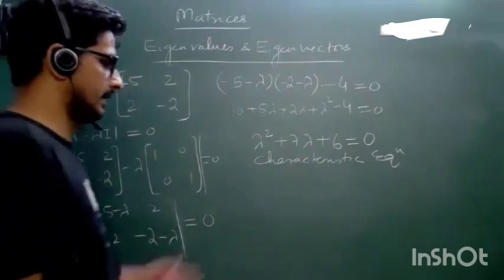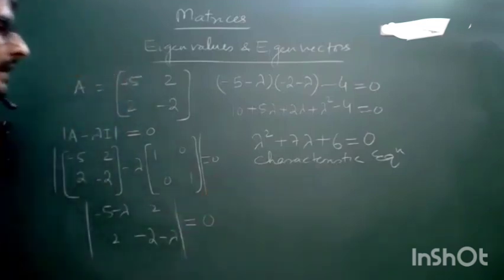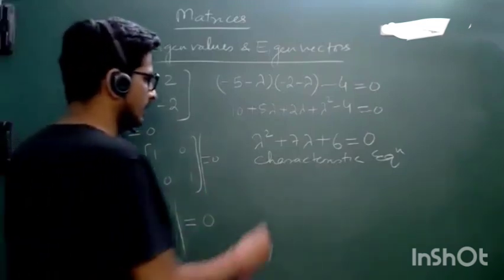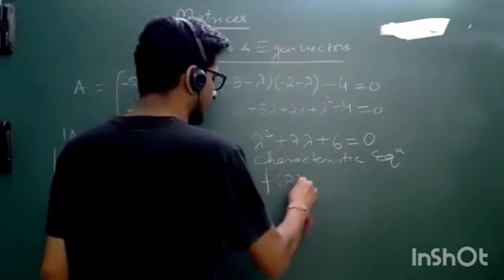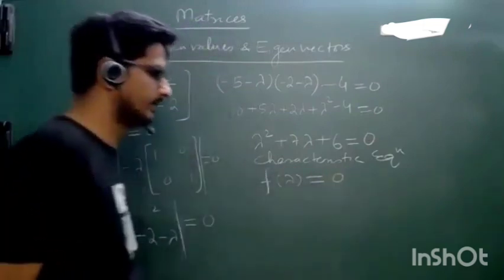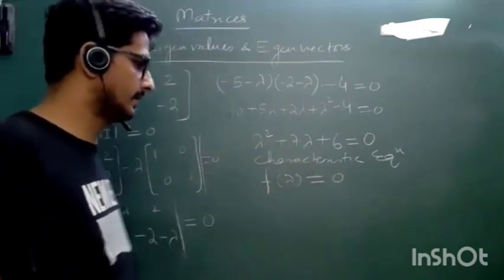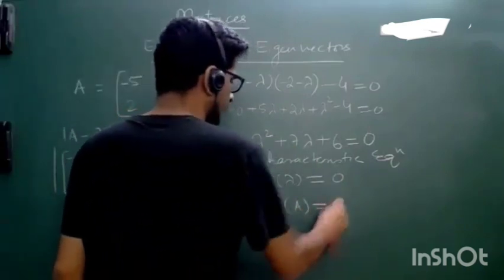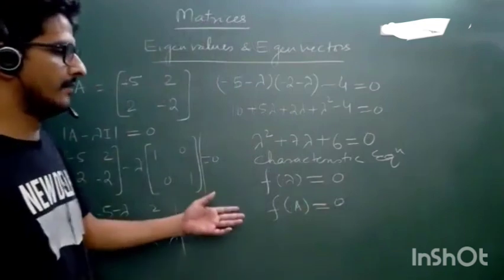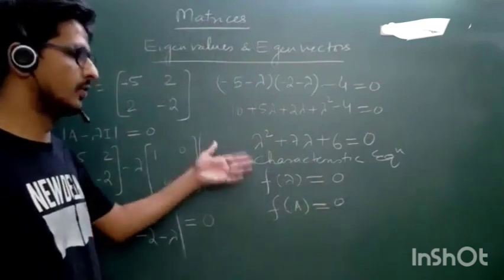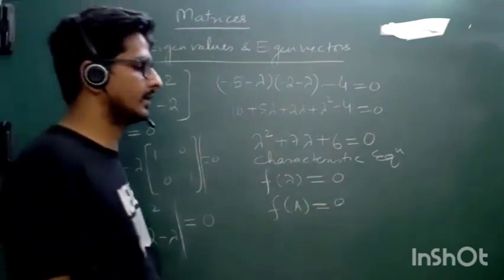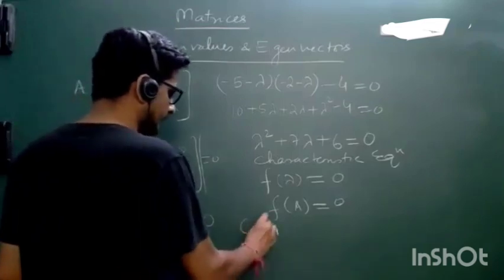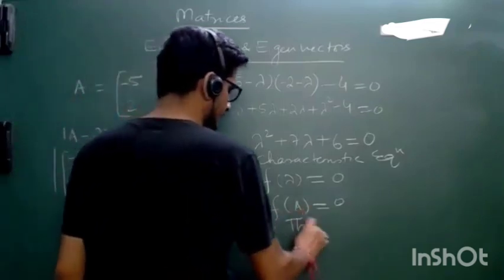And there is a very important property that I want to tell you right now: if this equation can be written as f lambda is equal to 0, where f lambda is this function, then f A is also equal to 0. That means every matrix follows its own characteristic equation, and that is known as the Cayley-Hamilton theorem.